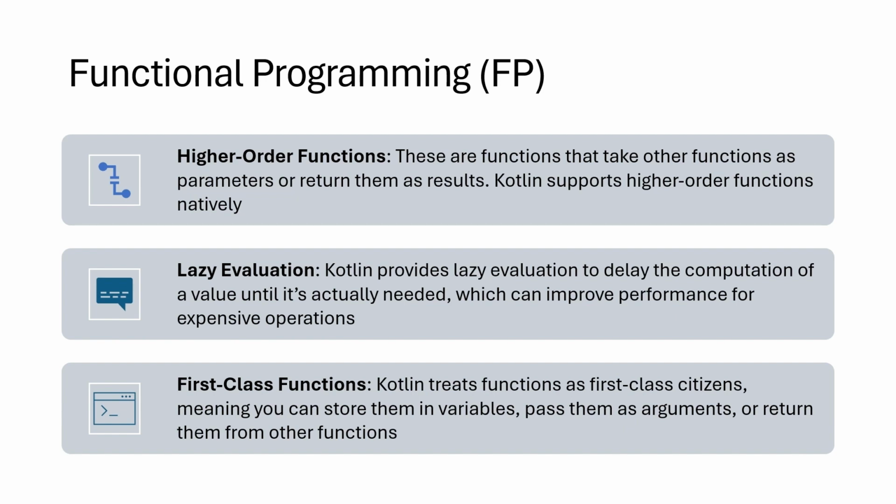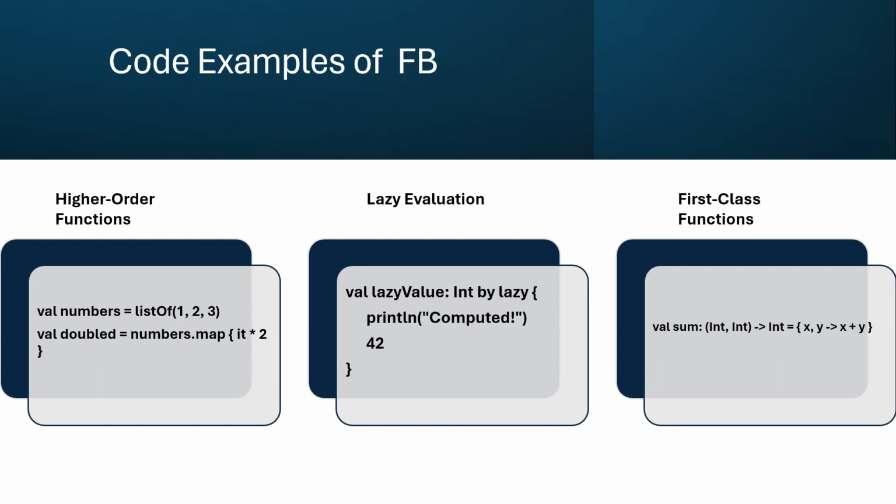Kotlin treats functions as first class citizens, meaning you can store them in variables, pass them as arguments, or return them from other functions. Here are simple examples of each one of these. You can look at them, and inshallah you're gonna understand the concepts.